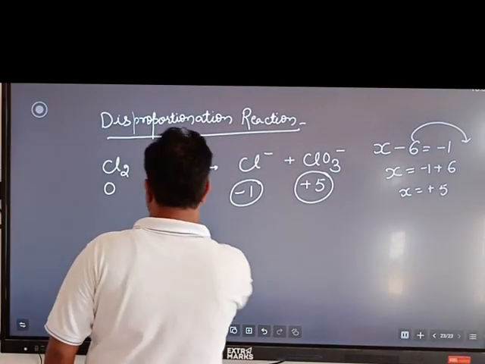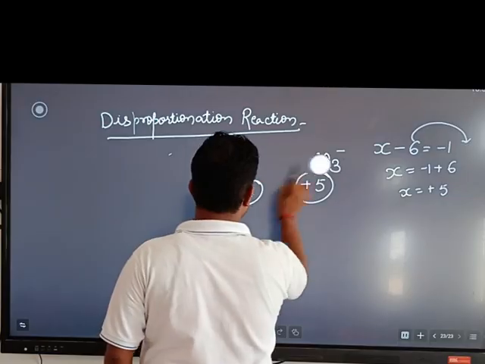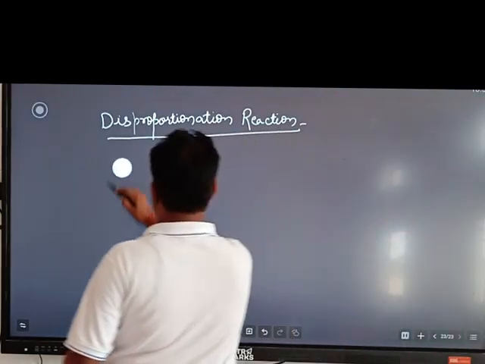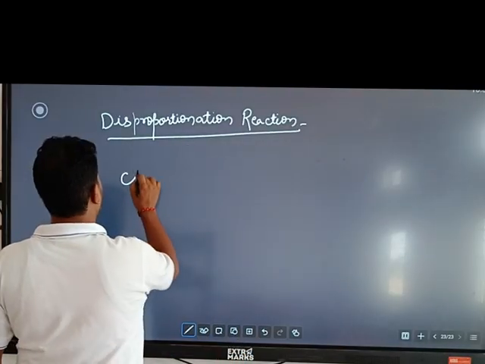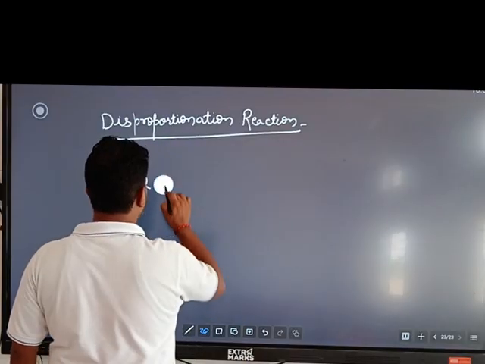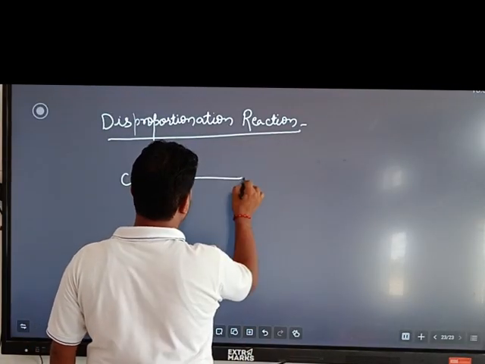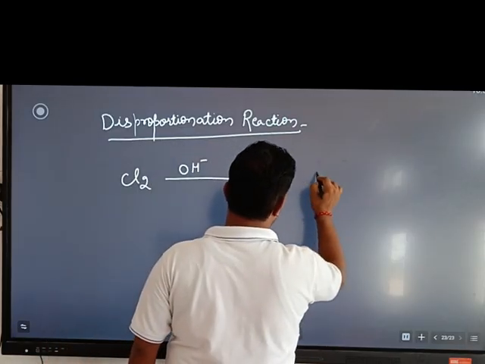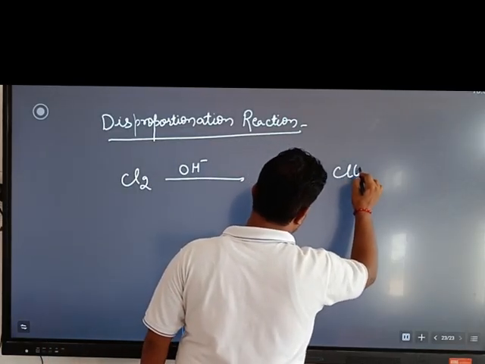So I am writing this again and then after we will balance this. So it is Cl2, and it reacts with hot and concentrated alkali, and after that it will form Cl- plus ClO3-.